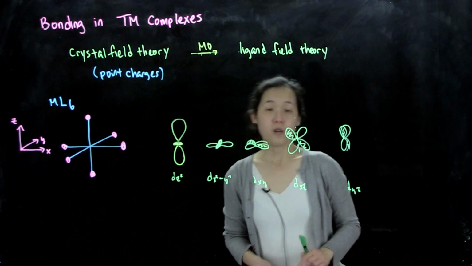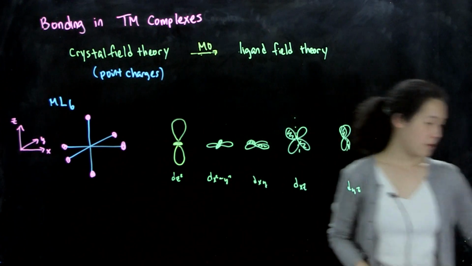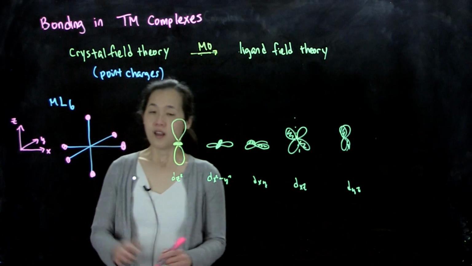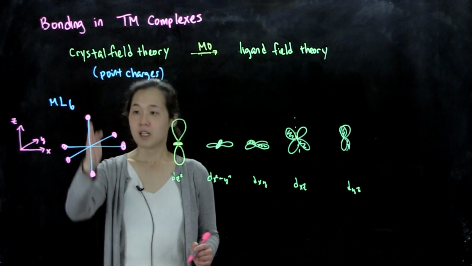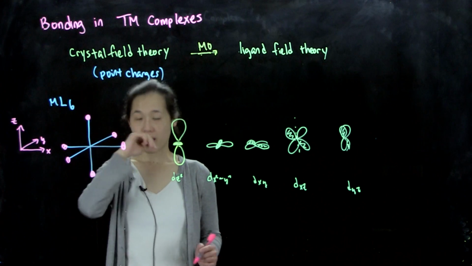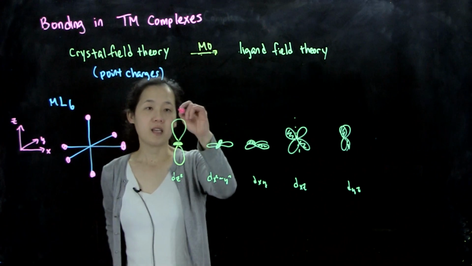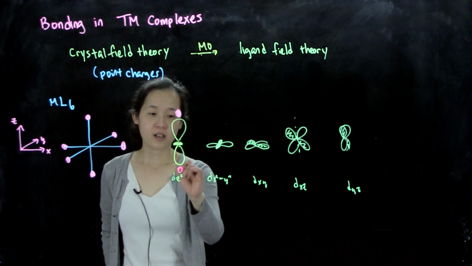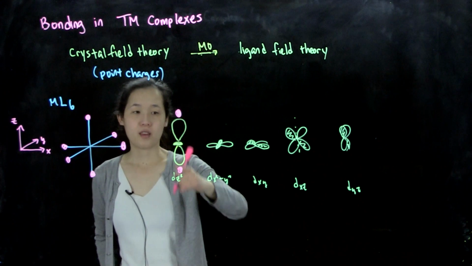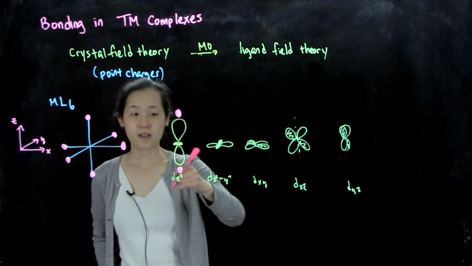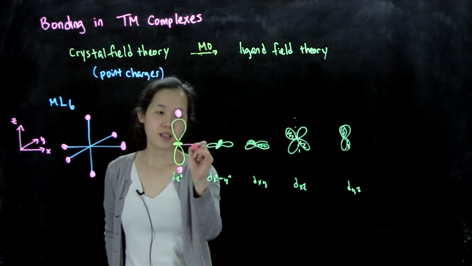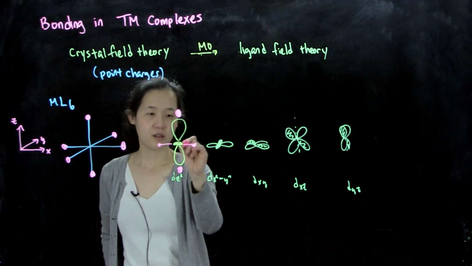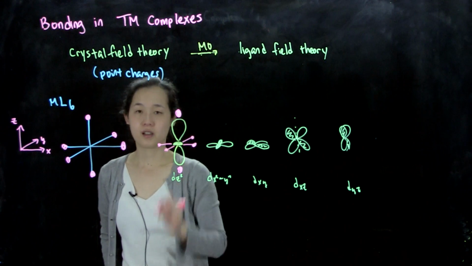If we think about the ligands approaching these orbitals down the axes I've drawn, we see that the six ligands are down each of the z, x, and y axes. If we think about what the ligands can interact with, the ligands over here can interact very well with the lobes of this orbital, and these ligands over here can also interact with the donut.